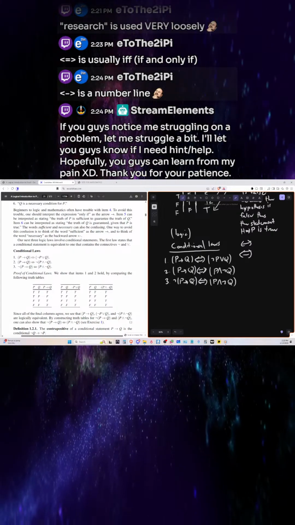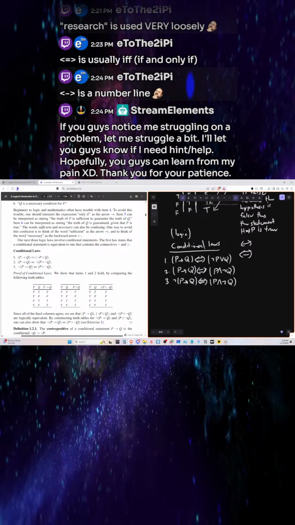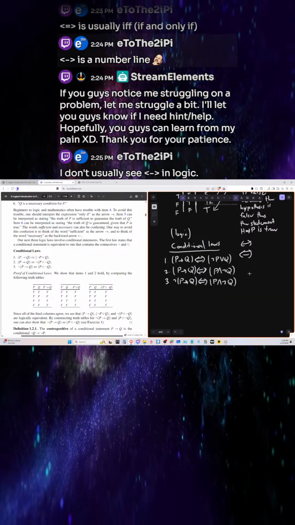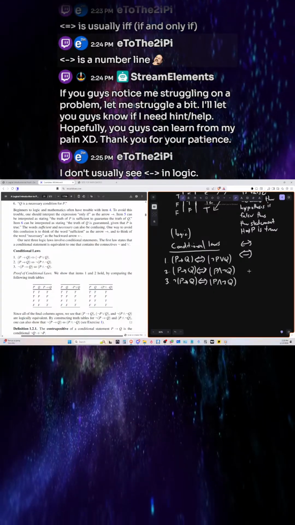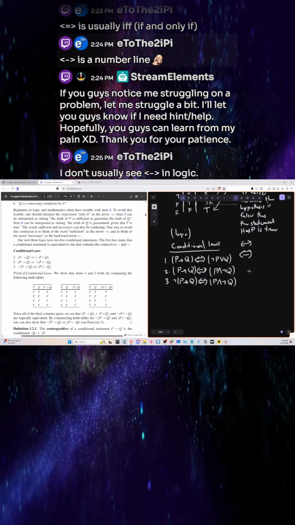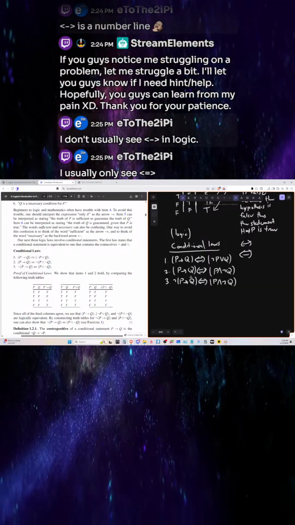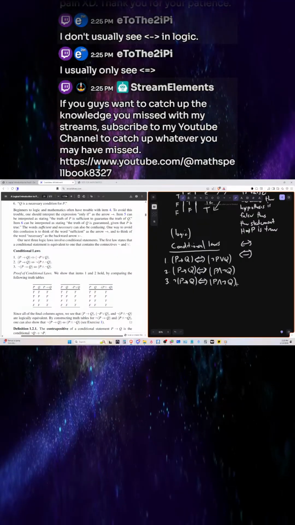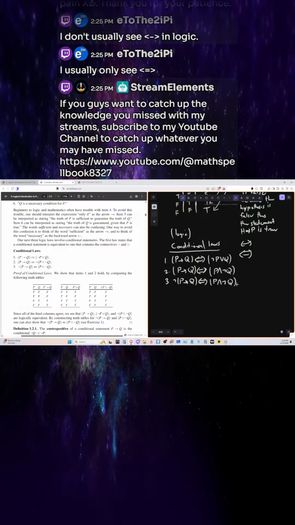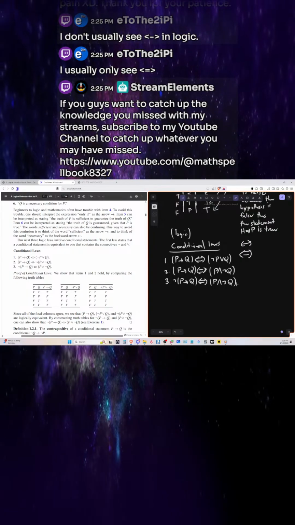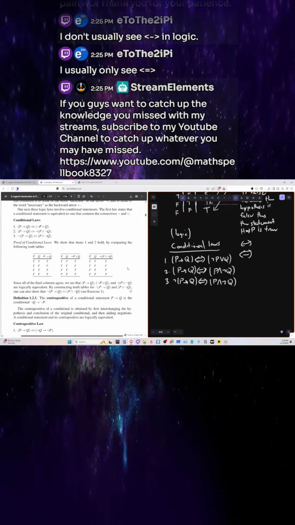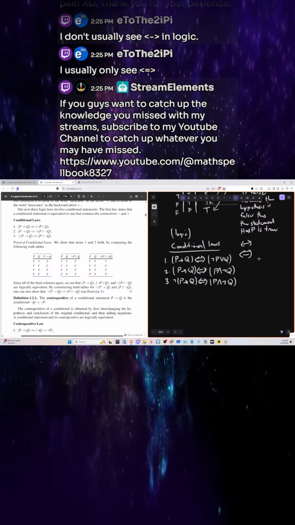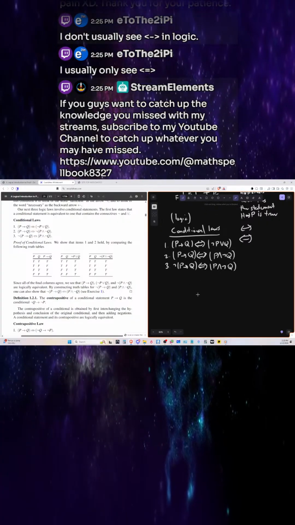P does not imply Q, if and only if P and not Q. Okay, so both of these result in the same thing. You usually don't see that in logic. Okay, I see. Maybe I'm getting my symbols mixed up. I probably was looking at this symbol instead of this, and I was mistaking this for this. It's possible.